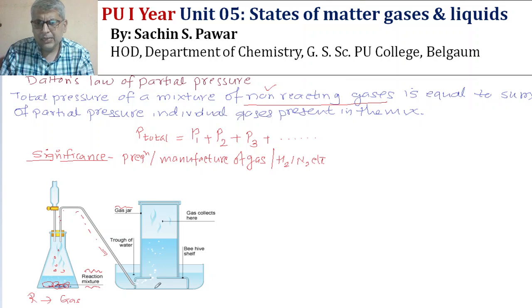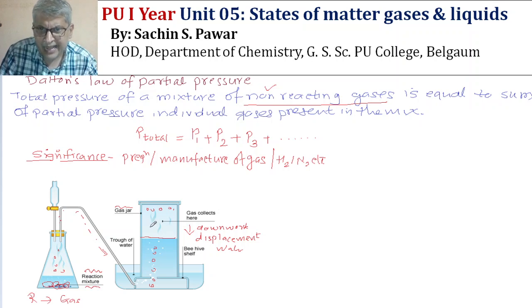So as the bubbles are formed, they move out and are collected at the top by downward displacement of water. So here you see there is a layer of water and the entire gas is collected here.